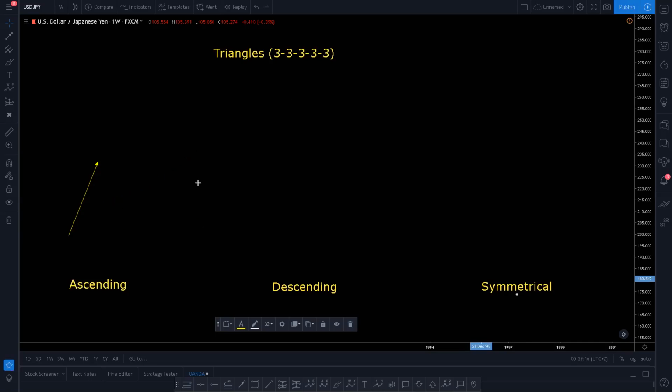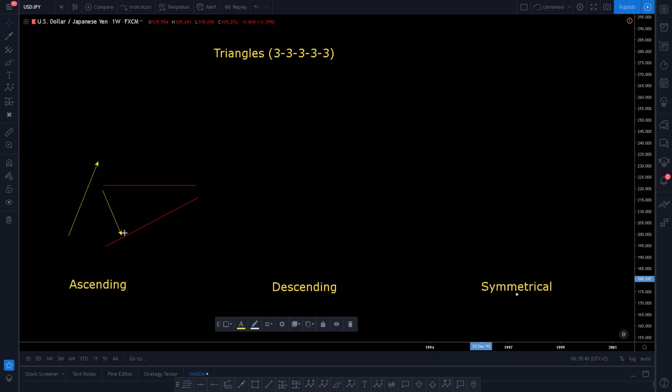Now I'm making a mistake. It's going to have your trend lines looking like this. And then inside there it's going to retrace like this.